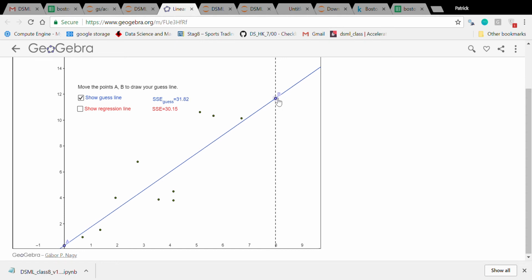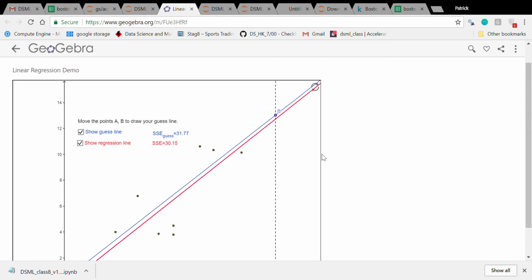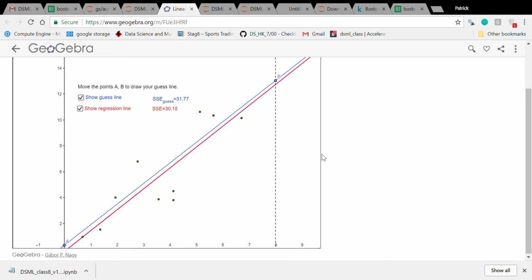What regression means is finding the best fitted line out of all the dots, and you can keep on trying to find if it's the best fit line. And once you click this, it will show you which is actually the mathematical optimized line out of all the dots.